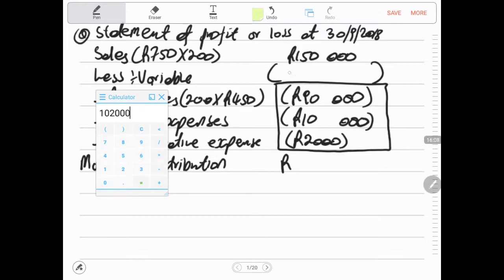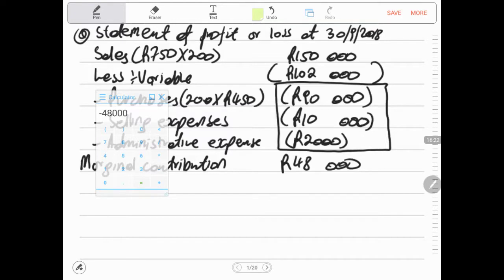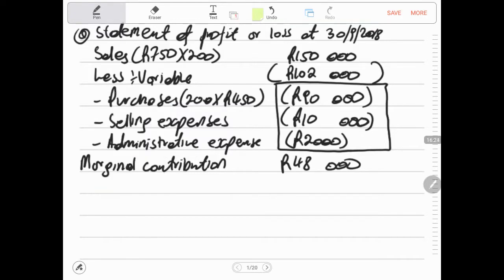Then this gives me 102,000. I get an amount of 102,000. 150,000 minus 102,000. This gives me a total of 48,000 rands. And this 48,000 rands is the total contribution. This is the marginal contribution. And I want to bring your attention to the fact that this is the total marginal contribution in order to manufacture and sell, or in order to buy and sell 200 units.